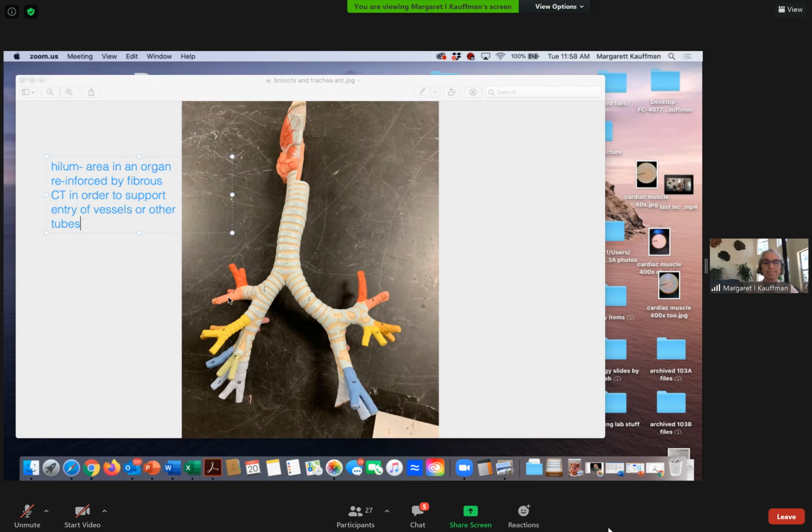All of the lining of these is pseudostratified ciliated, but the cilia now are pushing the mucus up towards the esophagus to swallow it again. If you get something past that pseudostratified ciliated lining, it is in you for the rest of your life. If it ends up in the dead ends of those alveoli, then you've got it. It's not leaving.